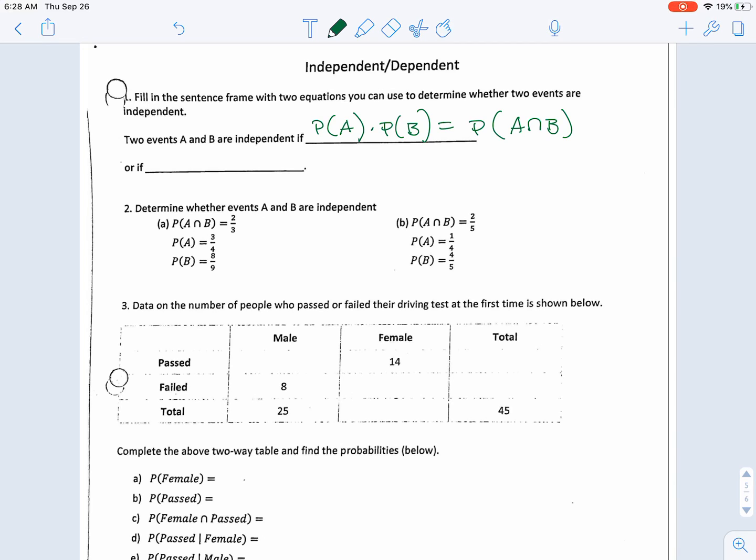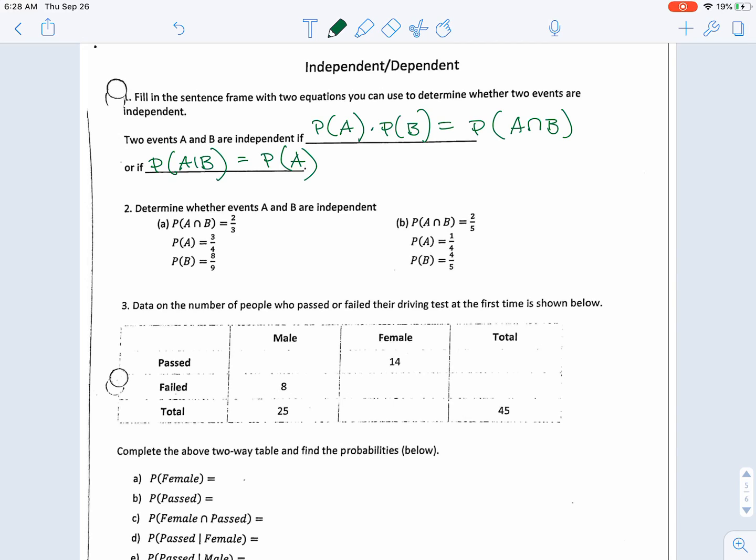Another thing you can do, and you can try this if you haven't already, is the probability of A given B is equal to the probability of A. That's just another way to do it.